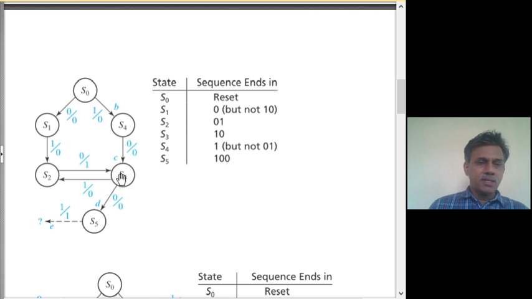Don't worry about this S3 being reused right now. Here is a branch where we are handling 1, 0, 0, 1. So for a 1, you go to S4, outputting a 0. Again a 0, you output a 0 and go to a state. To begin with, it need not be S3. It can be S7 or whatever is a new state.